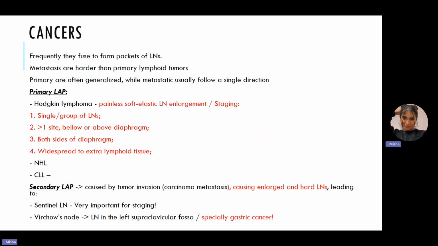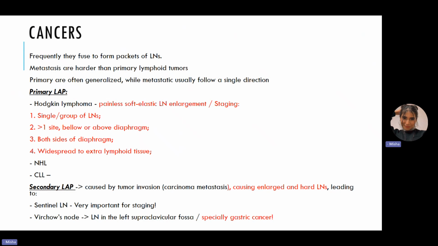Now, another example can be non-Hodgkin's lymphomas. This is probably like 75 to 80% of the lymphomas, and 3 by 4 are basically arising in the lymph nodes. They cause enlarged and painless lymph nodes. The most concerning thing is that they can cause compression of the surrounding structures and can lead to infections.